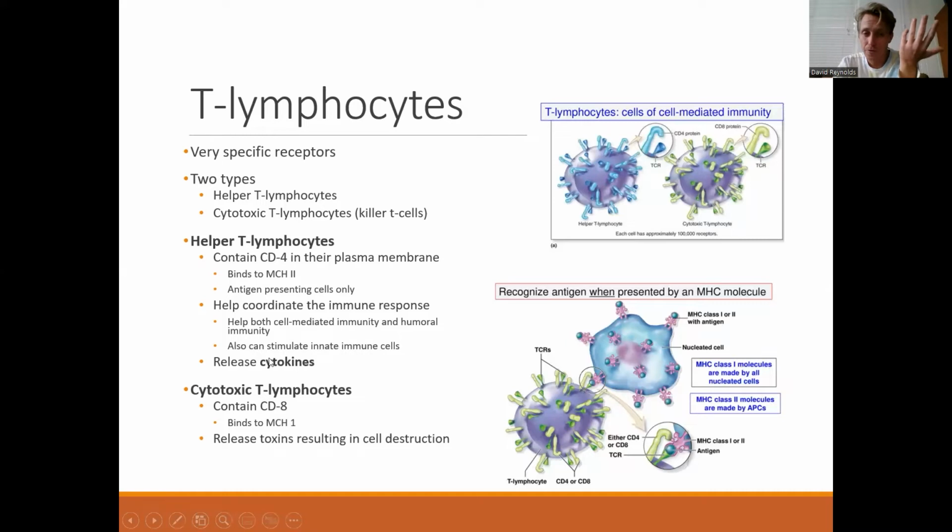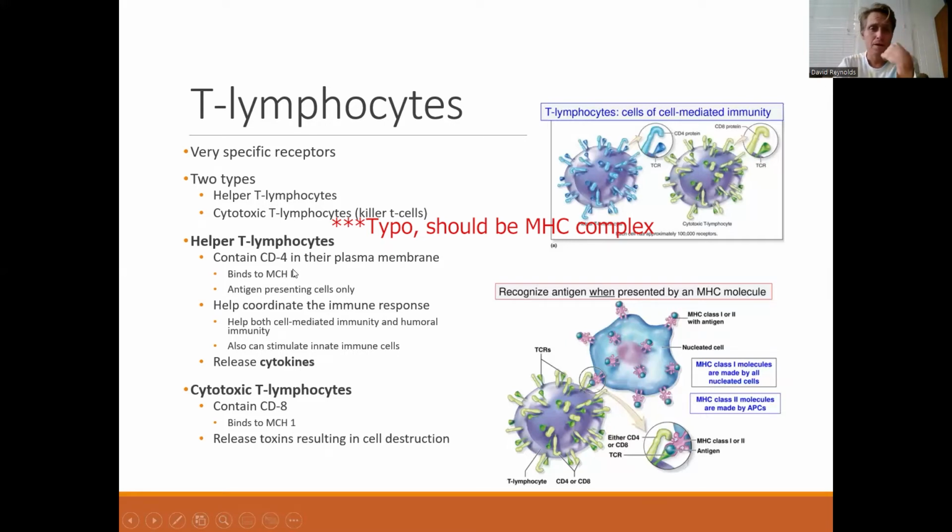If you remember, MHC2 only comes from those antigen presenting cells, those macrophages, those dendritic cells, or the B lymphocytes. So helper T cells are only going to be primed or activated if they come in contact with, one, that antigen they know how to bind to, and two, that antigen was presented by one of those APCs.